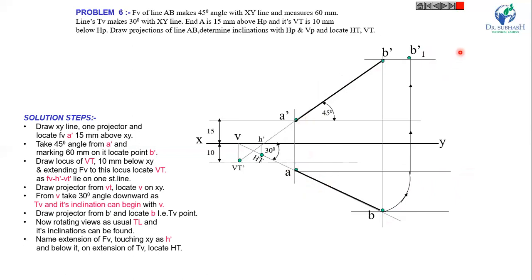Join A dash B1 dash. It is the true length, and this inclination of the true length is theta. Similarly, you can find the true length on the plan. So AB1 is the true length on plan and this inclination is phi. In this way, we can find the HT, VT, H dash, V and the inclination of the true length.